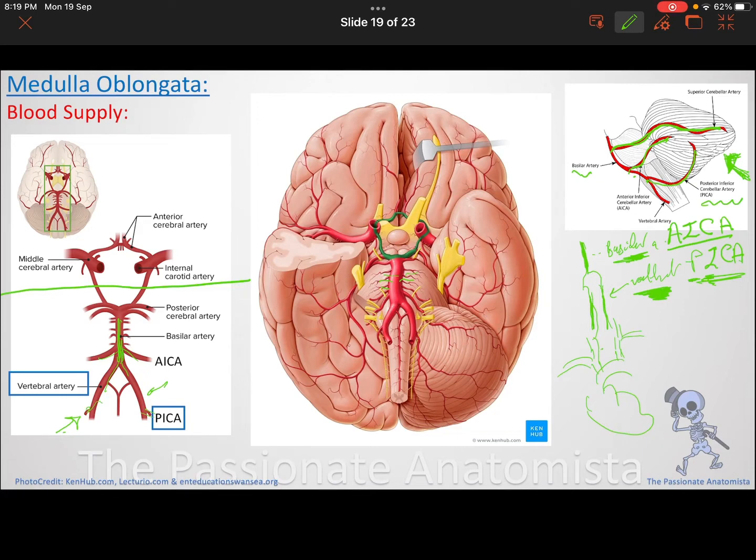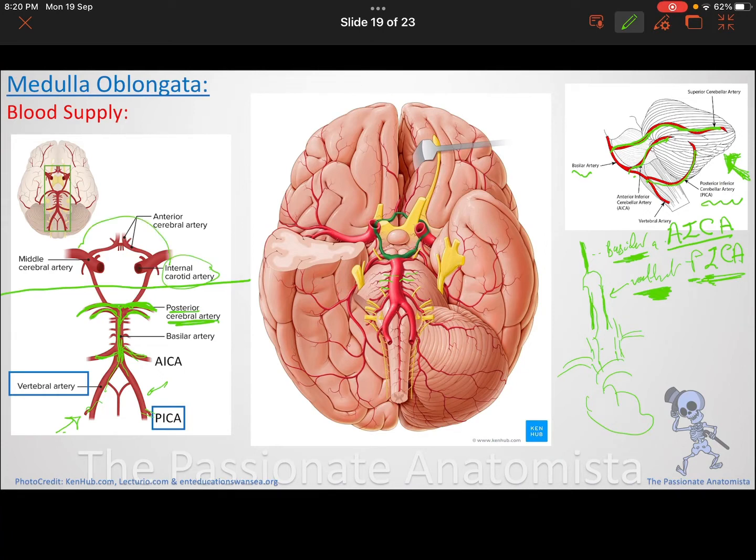And then the basilar will give you the AICA, and then it will give you the superior cerebellar, because it's going to be very jealous of the vertebral. And now it will end by giving something called the posterior cerebral artery, because that wants to supply the cerebral cortex now. This is what we call the vertebrobasilar system. We have another carotid system, and that will finish off the circle, and we're going to talk about that later on.